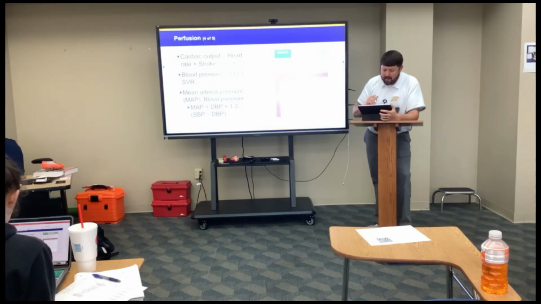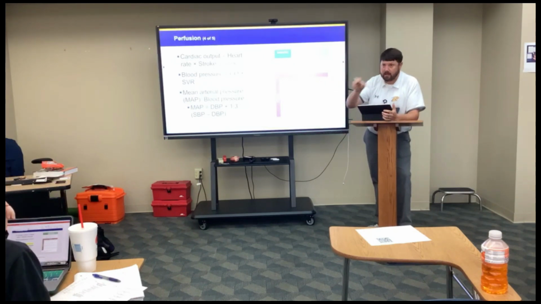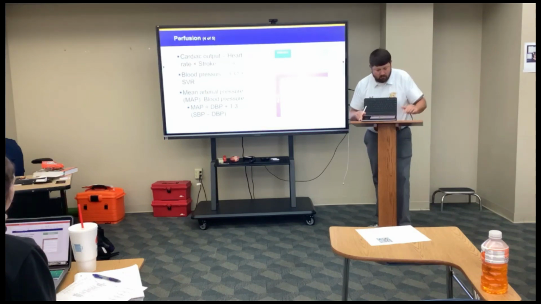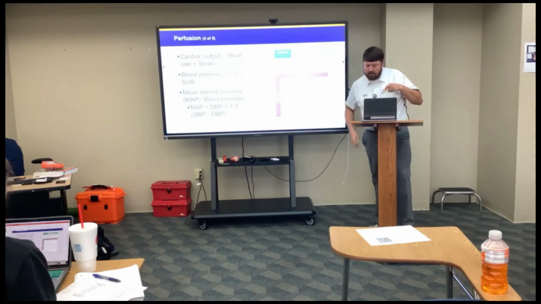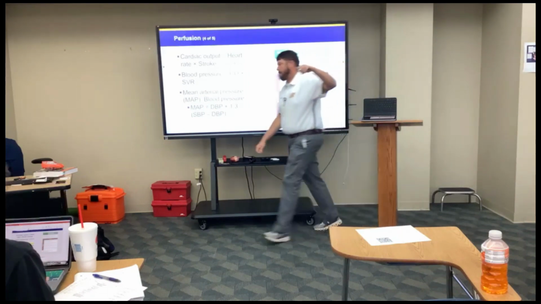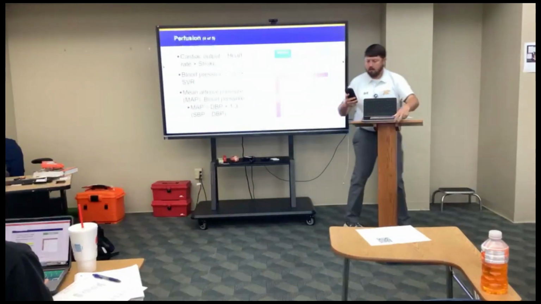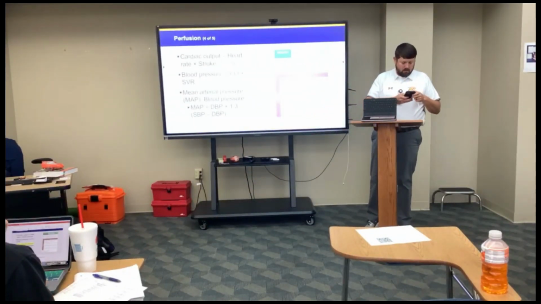If we look at our MAP, and I hope that y'all know what I'm talking about, MAP is on your blood pressure. Whenever you take your blood pressure, it's going to give you 120/80 and then the mean arterial pressure. Alright? So let's look at 120/80 to get our MAP.